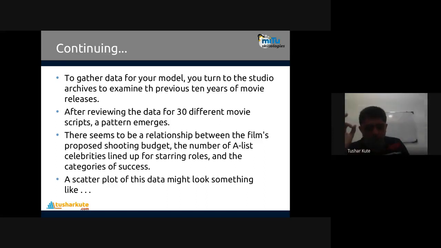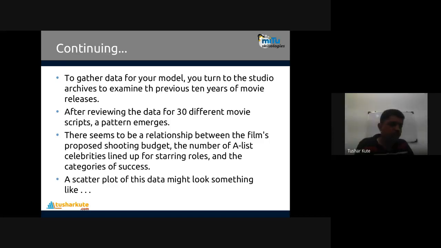Now, according to the machine learning algorithm, to build a tree, we must have prior data with us. That is, your previous experience should be present with you. To gather the data for your model, you turn to the film studio archives to examine the previous 10 years of movie releases. For every category, we'll take a similar amount of movies, so balanced data.